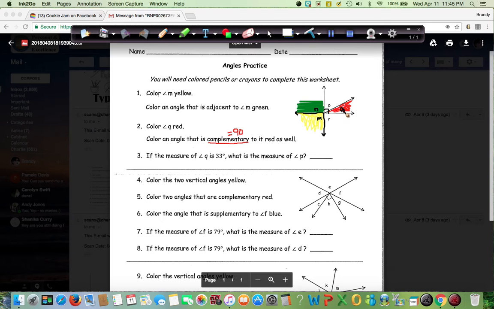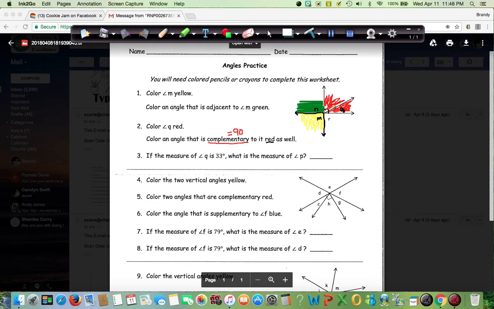Angle Q is part of it, but then you also have angle P. So angle P is going to be red too, because angle P is complementary. These two together equal 90 degrees, and that's what complementary means. You have to have two. These are all about relationships. So angle P has a relationship with angle Q. So we're going to color this guy red too.